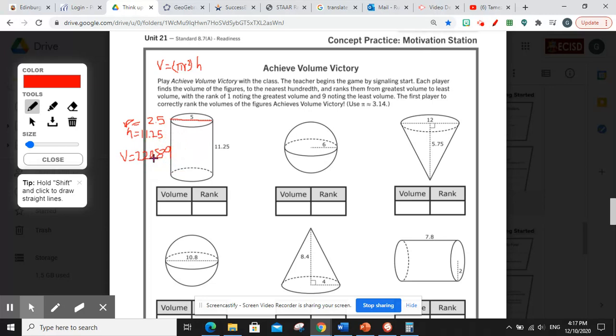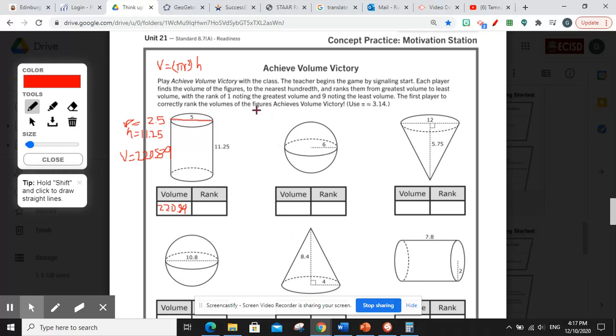So I can write that in here. Okay, so there's my volume of the first one. And that's all it is. It's just practice, practice, practice. Okay, we'll go back to the rankings after.